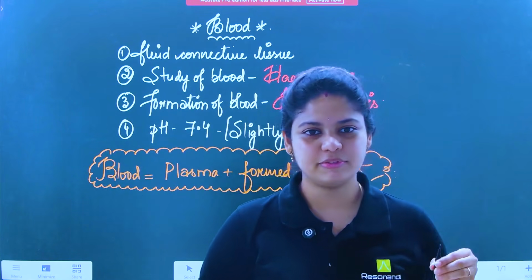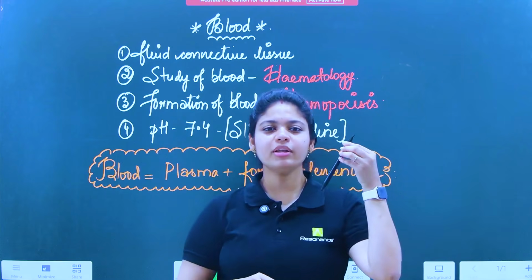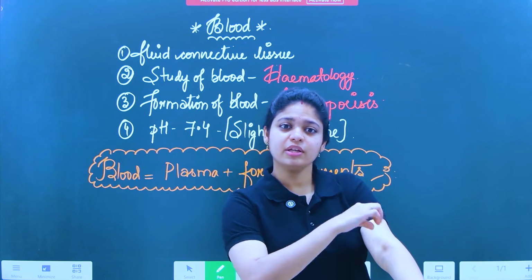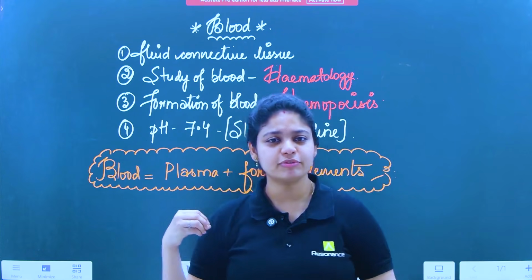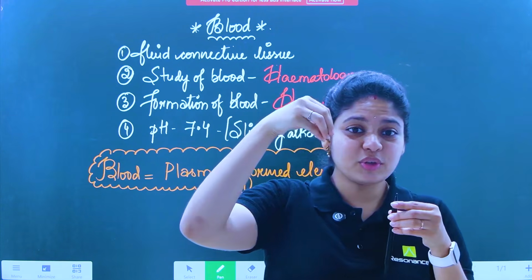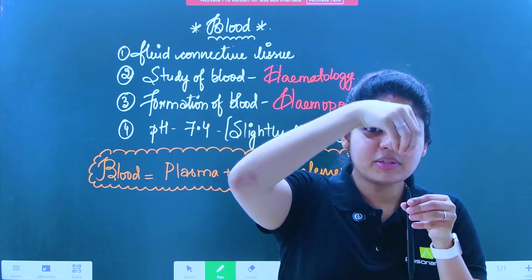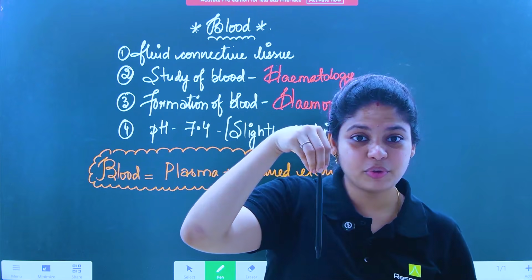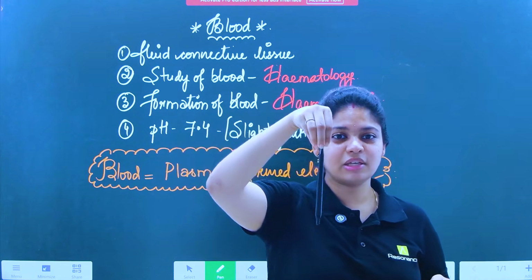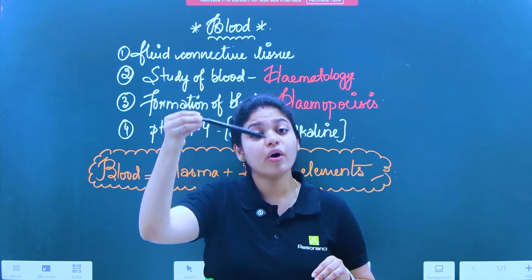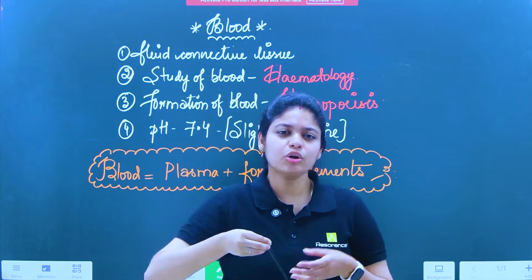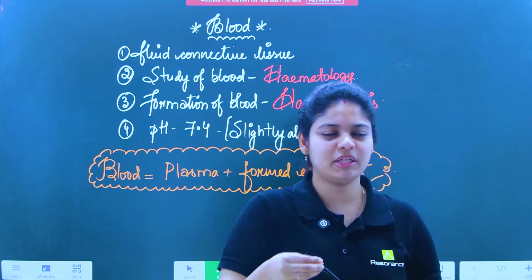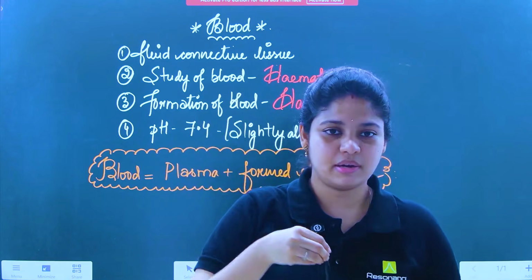If you give your blood for a blood test, they will use a syringe to extract the blood from your body, and the blood in that syringe is taken into a centrifuge tube, or into vials, based on what test is to be done. Small tubes are there.